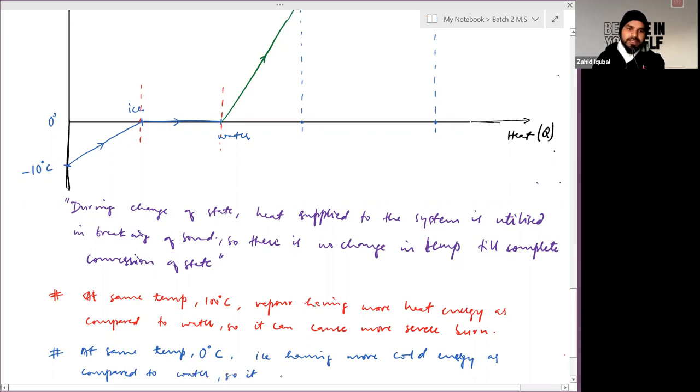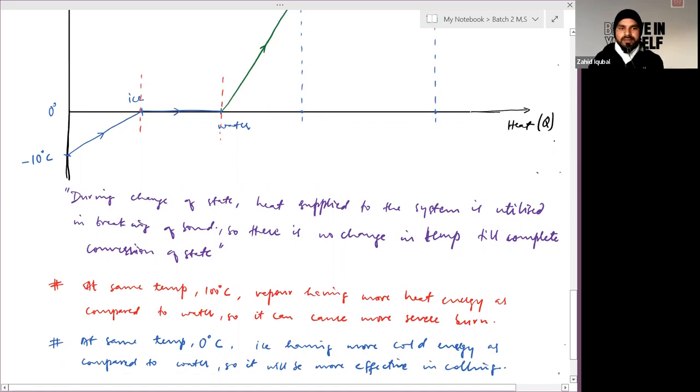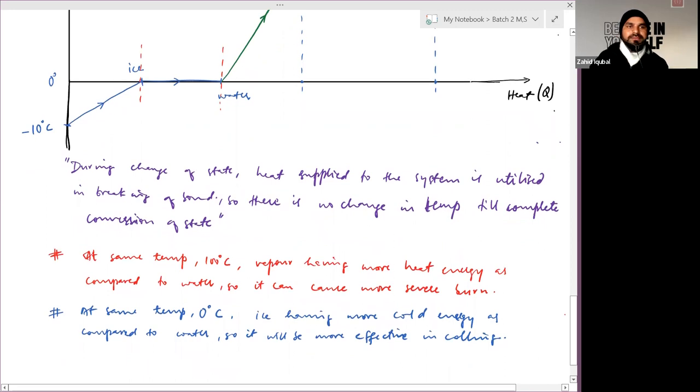So it will be more effective in cooling. Okay, just write it down.